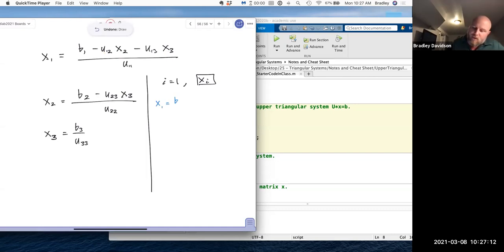Okay, and so for our generic equation, where i is equal to 1, x sub i is equal to b sub i minus, and let's write it in our index notation, u sub i, i plus 1, because it's u12 when i is equal to 1, so 1 and then 2.